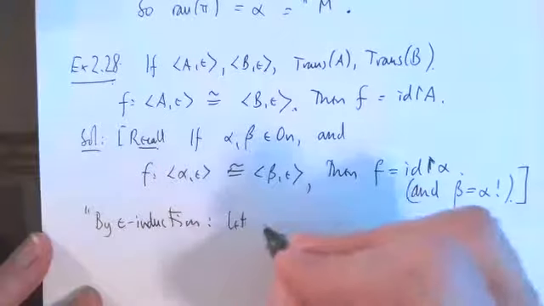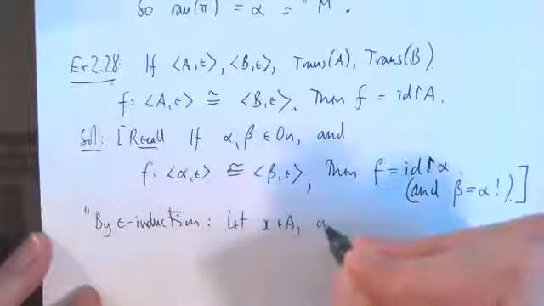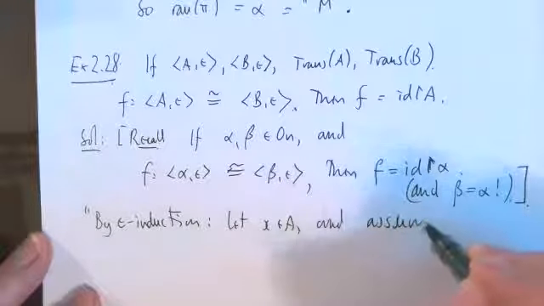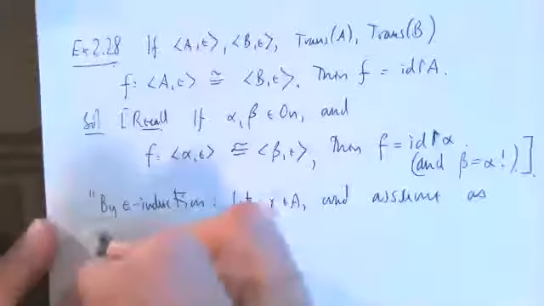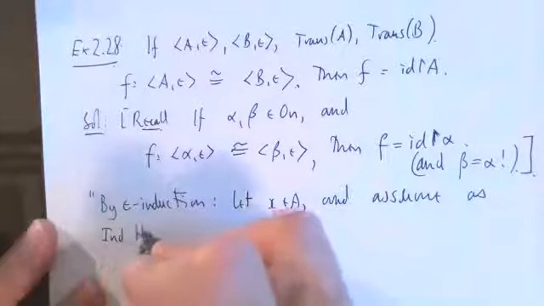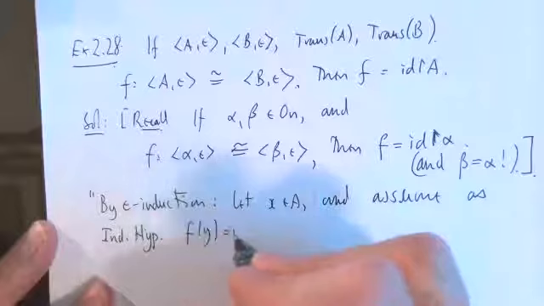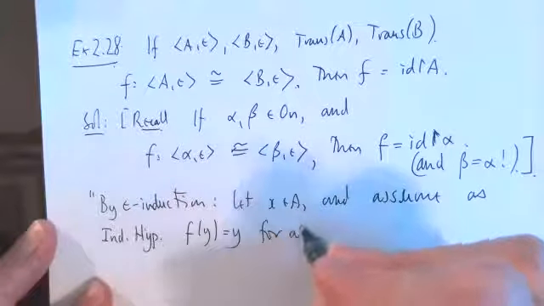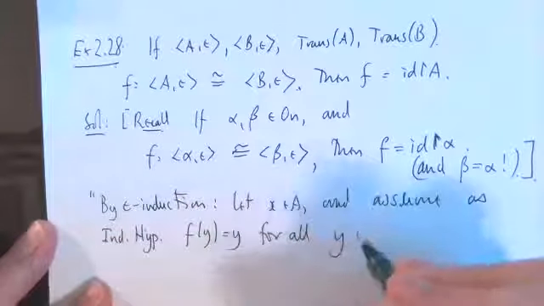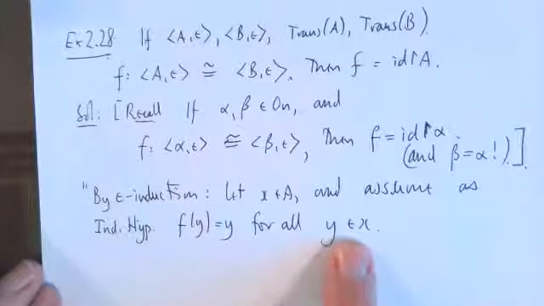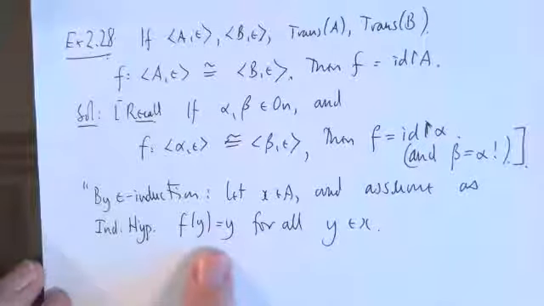You'd say something like, let x be in A, and assume as an inductive hypothesis f of y equals y for all y in x. So everything that's epsilon below x, we've already proven f is the identity on.